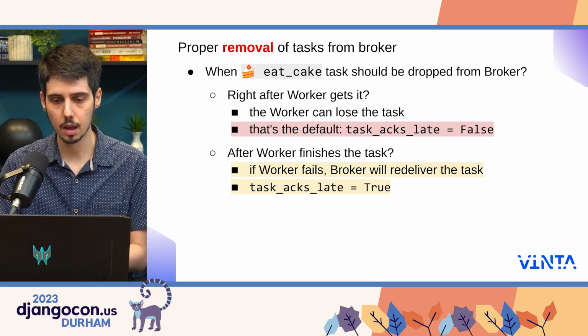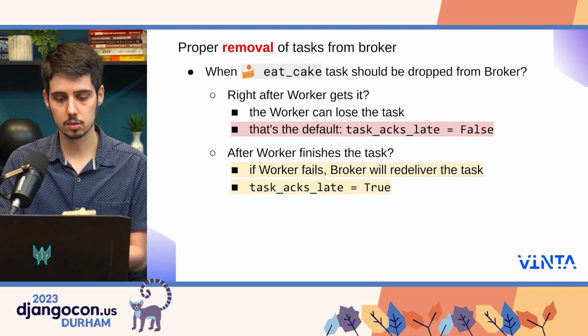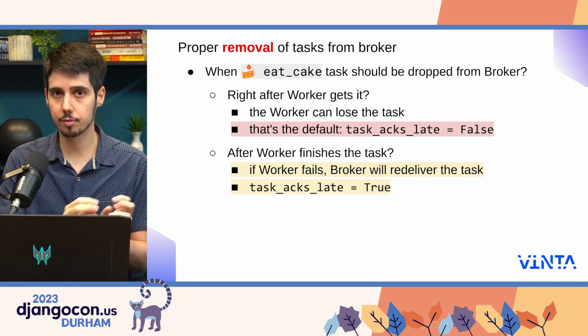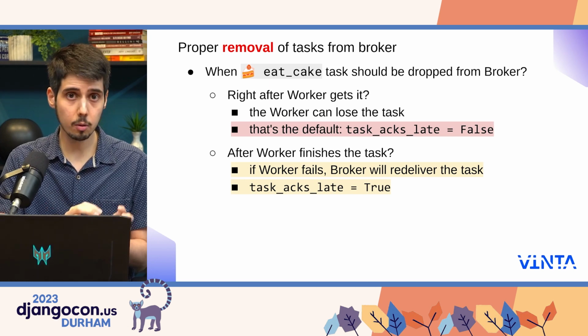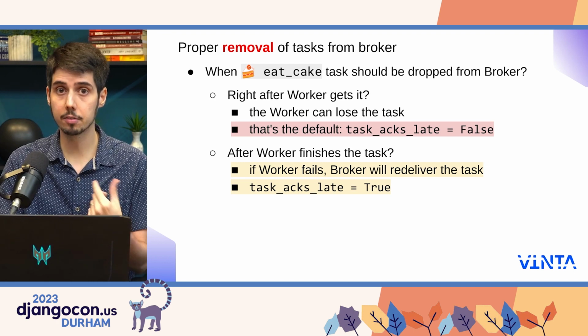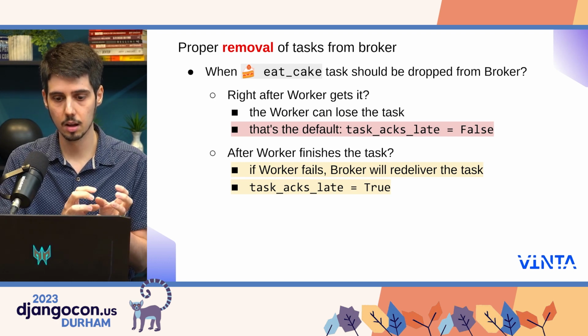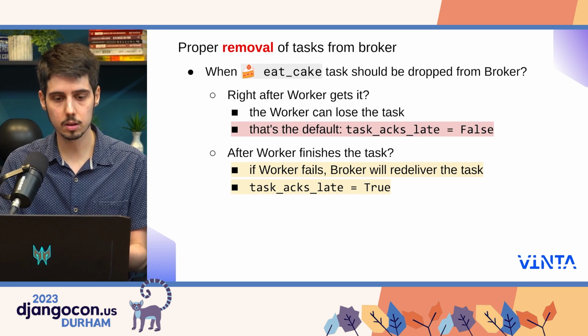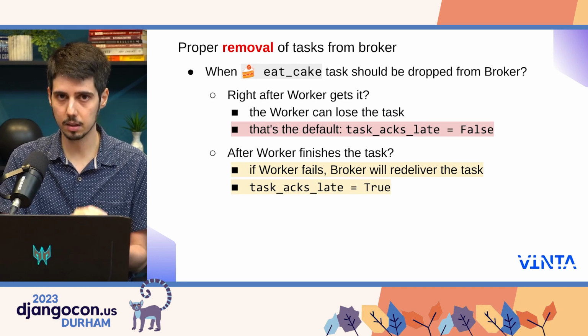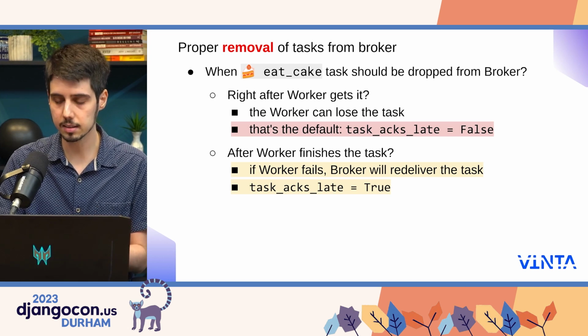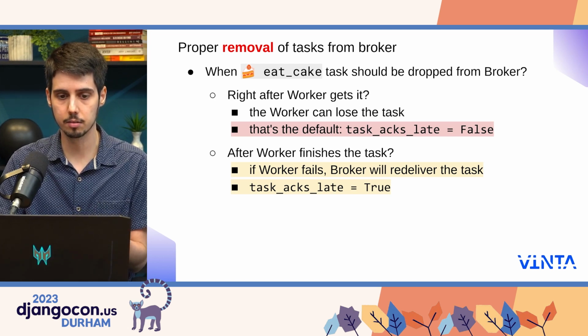That's the default. We can change that to only drop the task from the broker after the worker finishes. So if the worker fails, the broker will have to redeliver the task. The task will remain on the broker until the worker finishes, and if the worker fails, the task will be redelivered. That means task_acks_late true. You can activate that behavior, and you should activate that behavior.